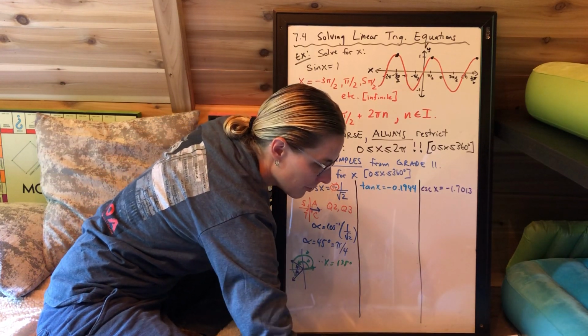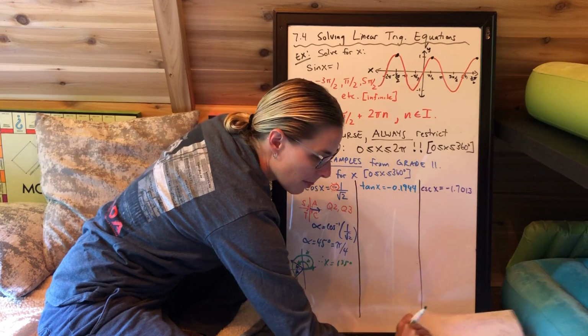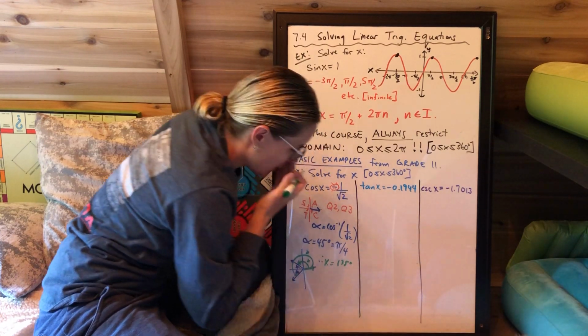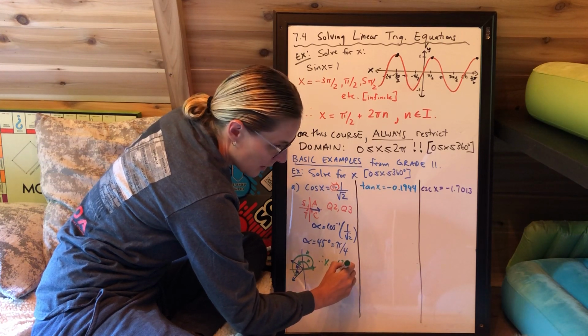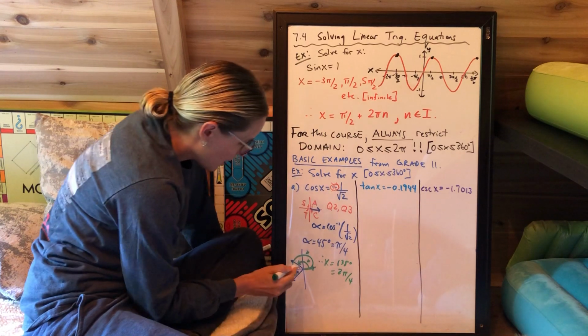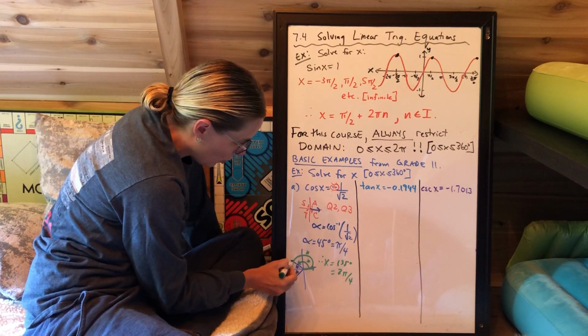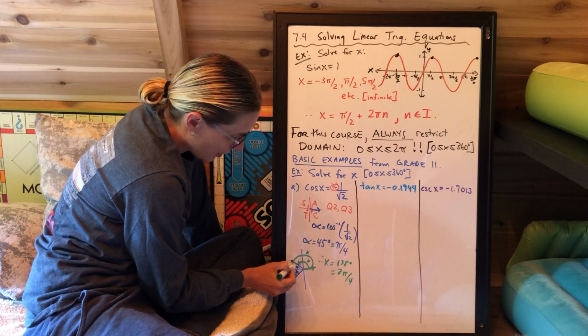In terms of what that means in radians, that's 3 pi by 4. Because remember, if it's pi by 4, all the way over here would be pi, which is 4 pi by 4. I subtract pi by 4, I'm at 3 pi by 4.